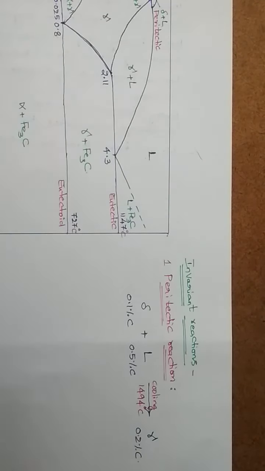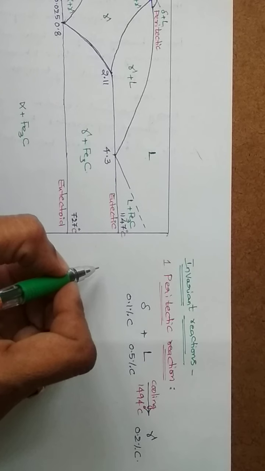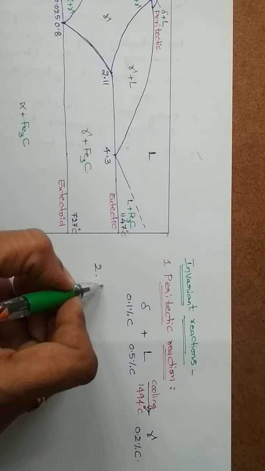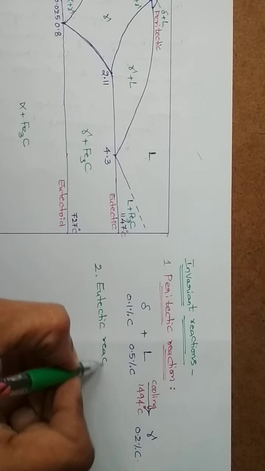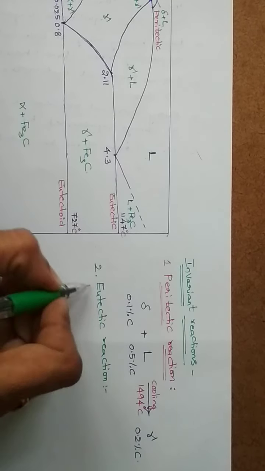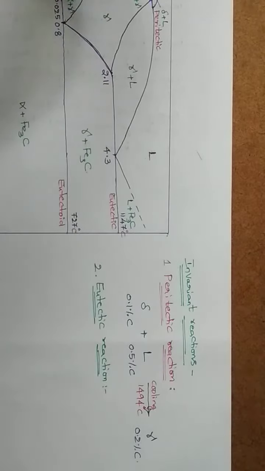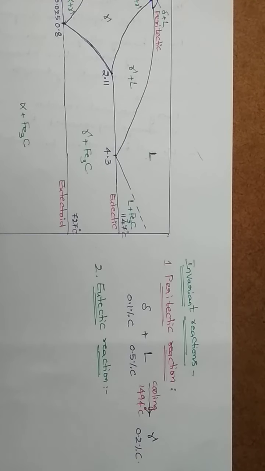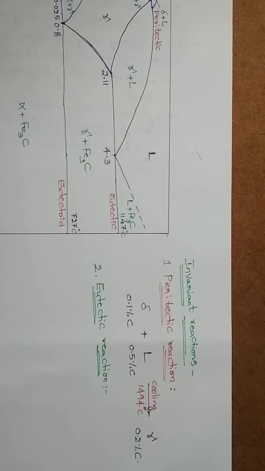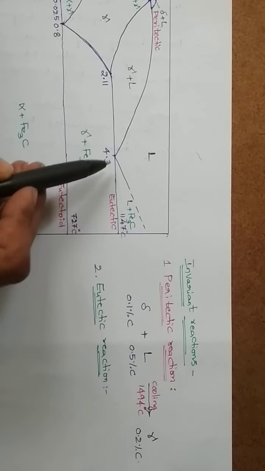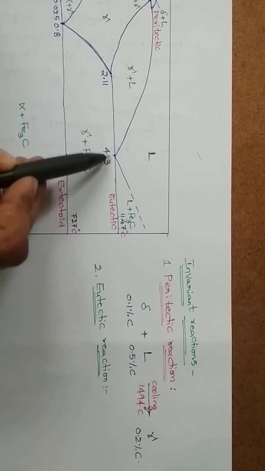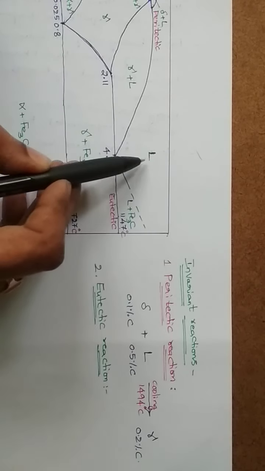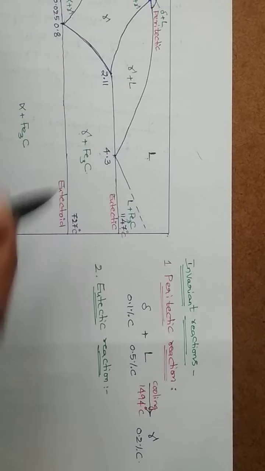Okay, now the second one is eutectic reaction. So what is the equation? Eutectic: liquid on cooling transforms to solid 1 plus solid 2. That is the general equation. So here if you see, this is the eutectic temperature 1147. So at this temperature, at this point, liquid is transforming into two solids.